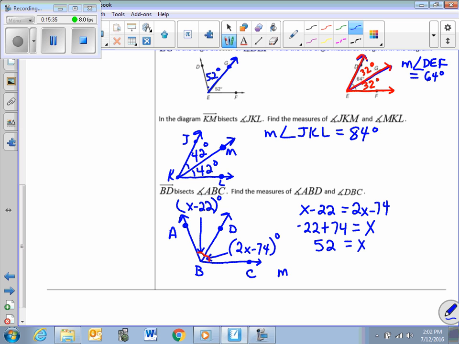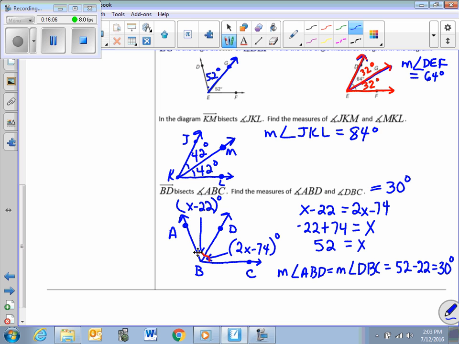So I know that the measure of angle ABD equals the measure of angle DBC. And remember, I can substitute my 52 into either one of those expressions, so I'm going to do the easiest one, which would be x minus 22. 52 minus 22, which is 30 degrees. So each one of these angles measures 30 degrees.